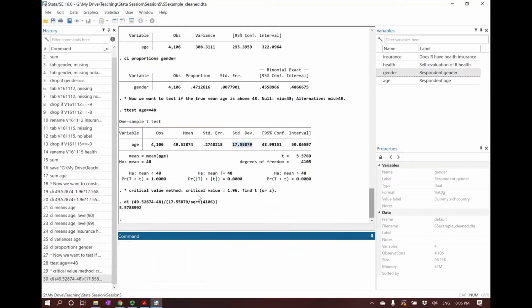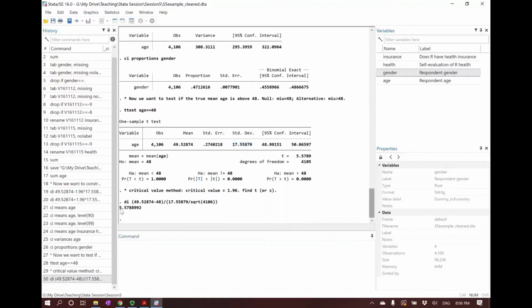Now I'm going to click enter. I have a z statistic or t, Stata does not distinguish here. That is 5.5789, which is always reported here. Okay, and it also reports the degree of freedom. However, it will still already converge to z statistic.